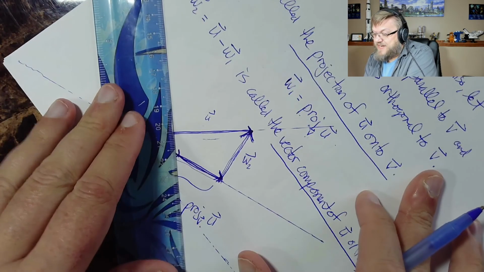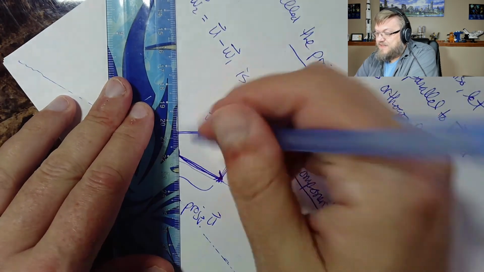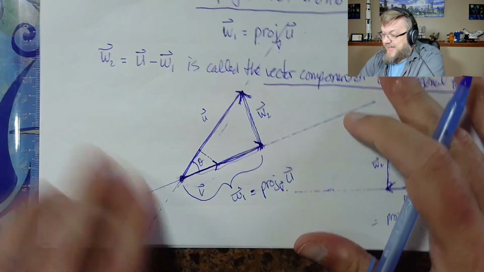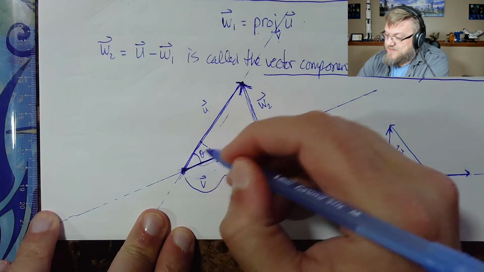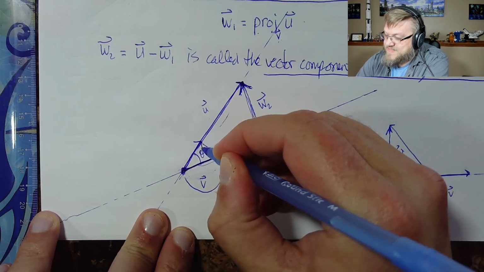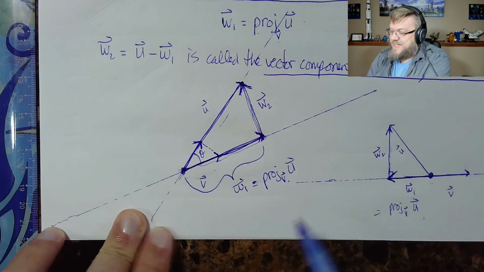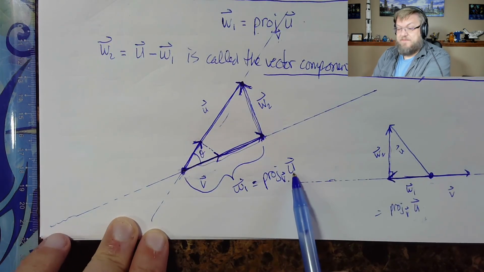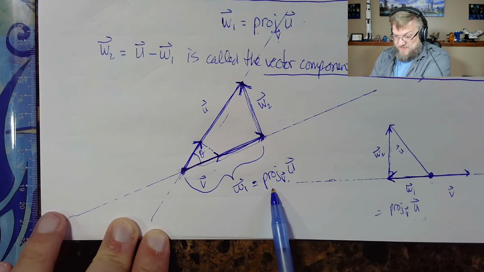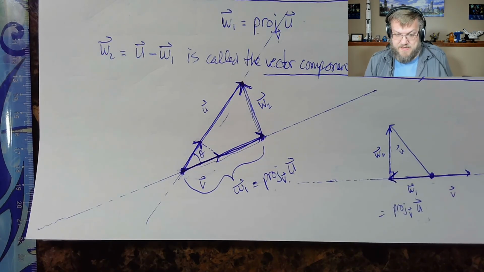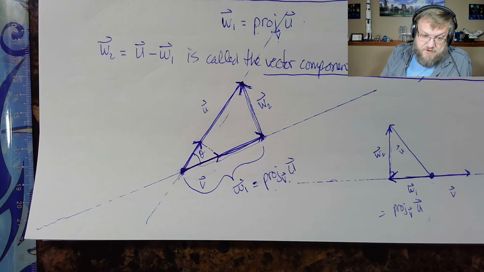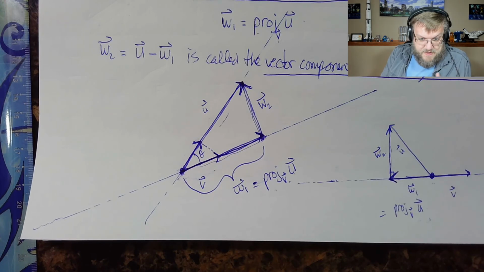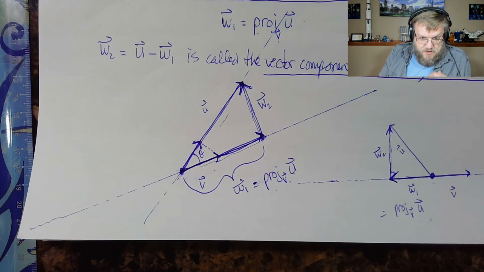So now I want to rotate and make a vertical to that line. That's going to be this right there. And so projecting V onto U is going to be here. See that? Like that. And so that is nothing at all like W1. So the projection of V onto U is very different than the projection of U onto V. So you can't switch those very easily. And you're definitely not going to have the same vector if you do that. Okay, awesome.